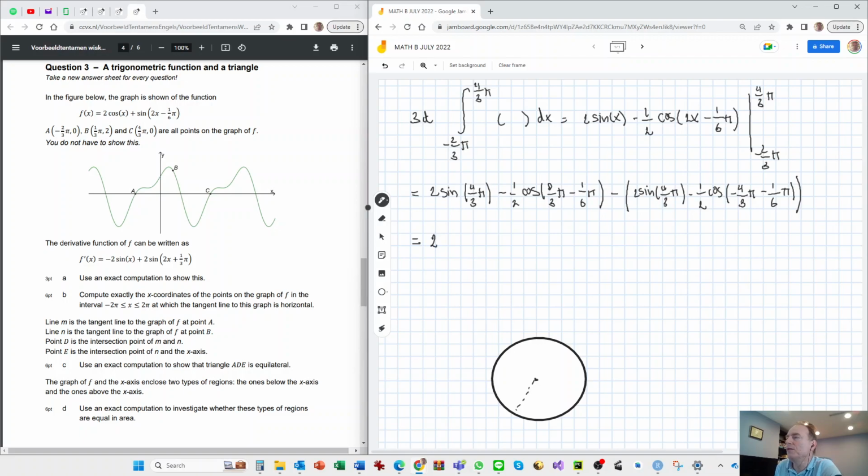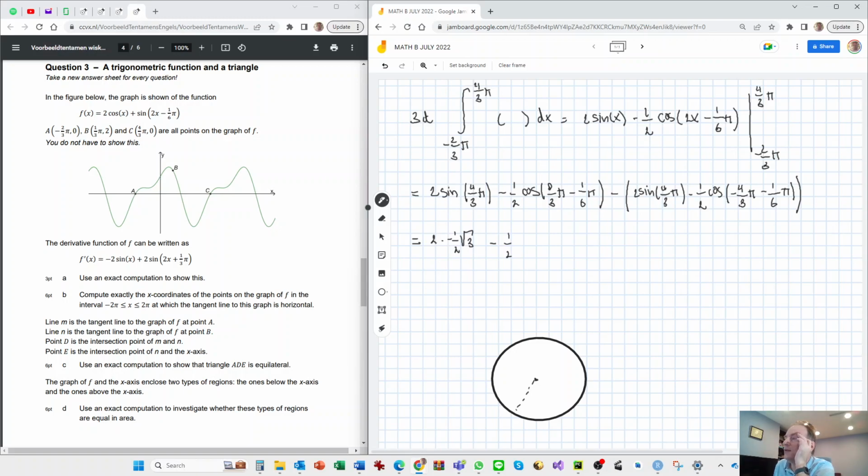This is 2 times minus 1/2 square root of 3. And this, well, let me just write it out. That's probably always a good idea, so that when you get graded they see that you did the right thing, and at least if you made a mistake they can follow what you did.